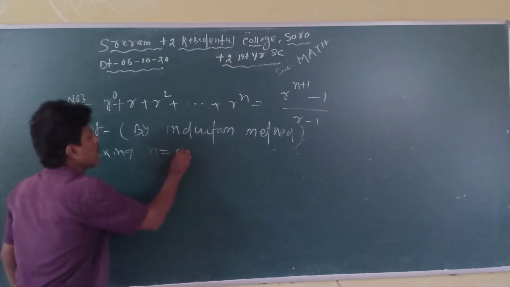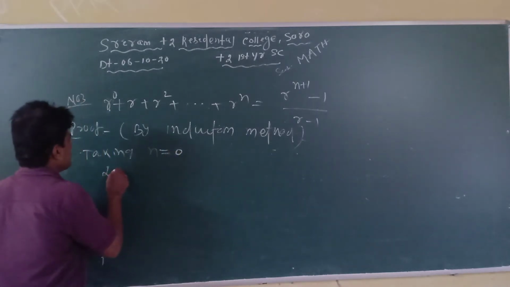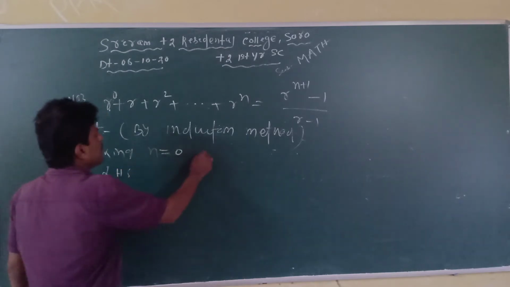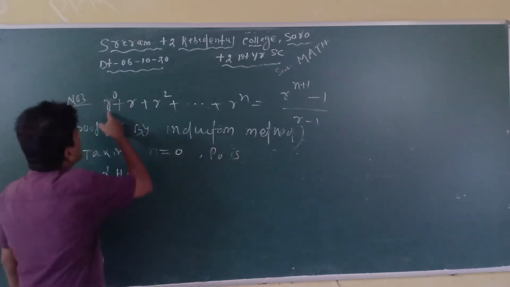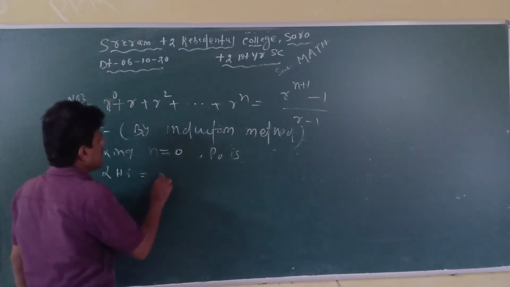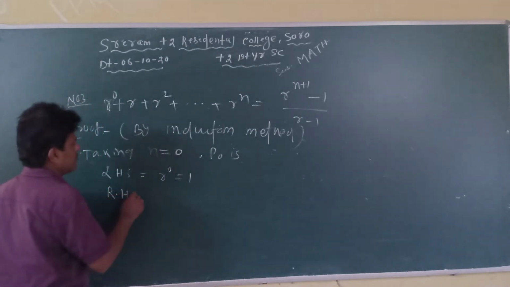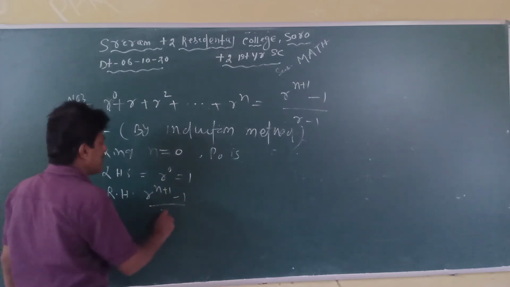Put n equal to 0. Now P0: LHS is r to the power 0, that is equal to 1. RHS is (r to the power n plus 1 minus 1) by (r minus 1).